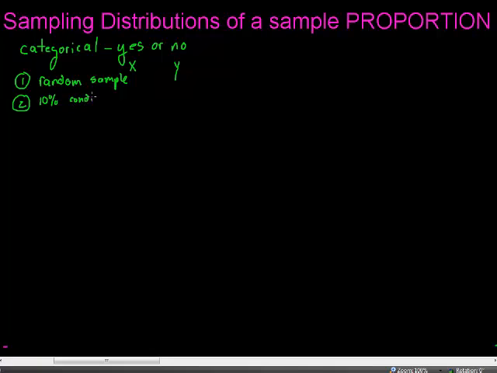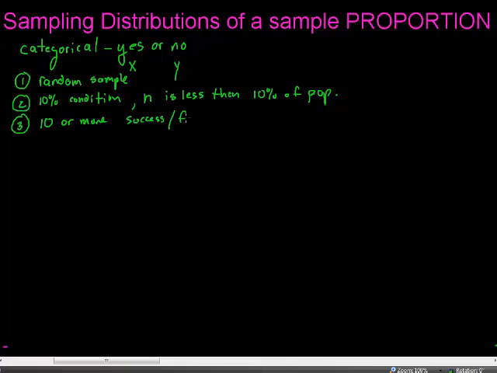Remember, the 10% condition says that our sample, n, is less than 10% of the population. If I'm going to look at 100 people in my sample to figure out who wears their seatbelt or not, 100 needs to be less than 10% of all United States citizens, which I'm pretty sure it would be. And number 3, don't forget that you need 10 or more successes and failures, and you need to show the work for that. Guys, don't just say it.